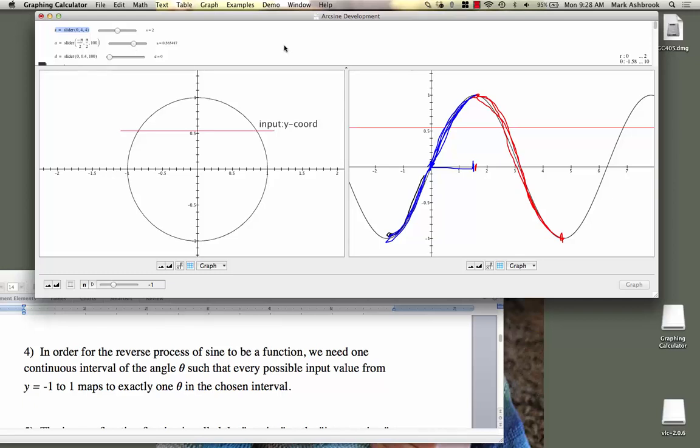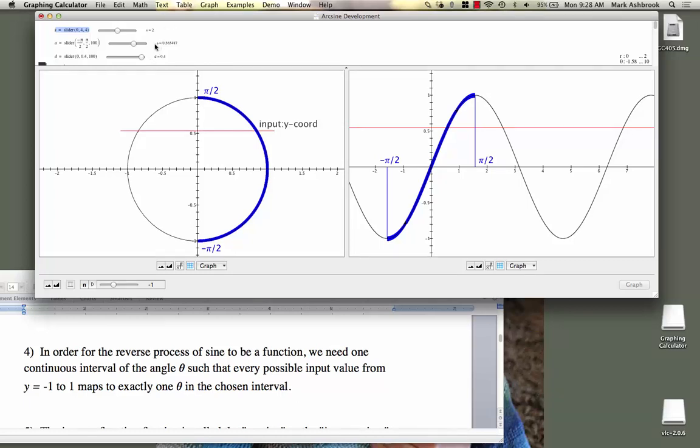Okay, so that's what mathematicians have decided, that we're going to choose from negative pi over 2 to pi over 2 to be the range, because that hits every y coordinate from -1 to 1 and hits them only once with one angle.